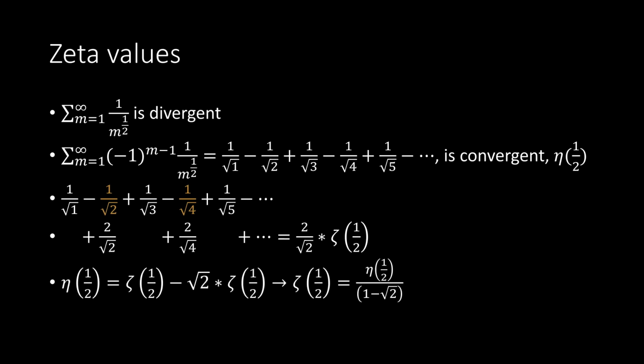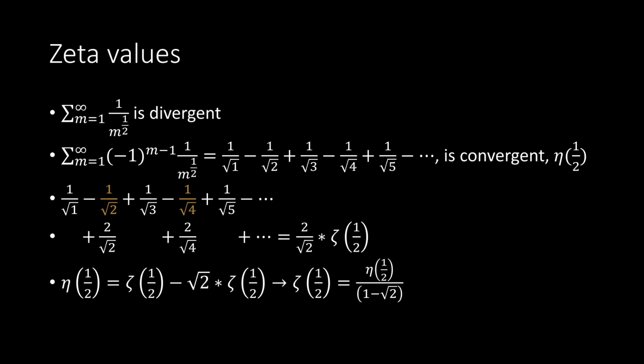So let's combine this into an equation. We know that the eta function equals the zeta function of 1/2 minus square root of 2 times the zeta function of 1/2. And now we can reformulate this to have the zeta function of 1/2 equal the eta function of 1/2 divided by 1 minus square root of 2, by simple reshaping of the equation.